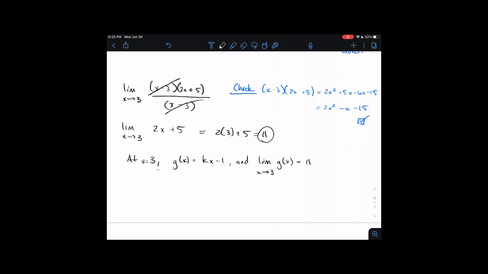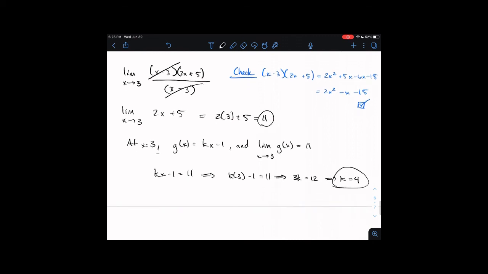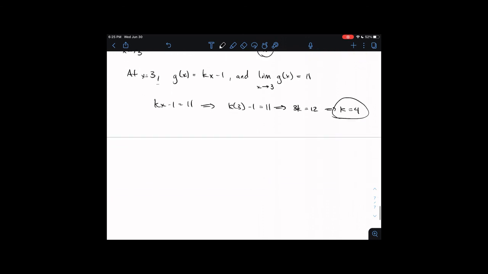So what this tells us is that we want kx minus 1 to equal 11, but since x is equal to 3 here, this actually means k times 3 minus 1 is equal to 11. So now we just do some algebra, add 1 over to each side. We have 3k equals 12, or k equals 4. All right, that's it for that problem.